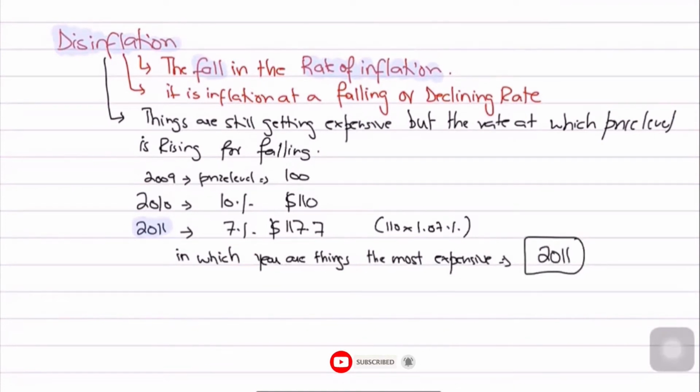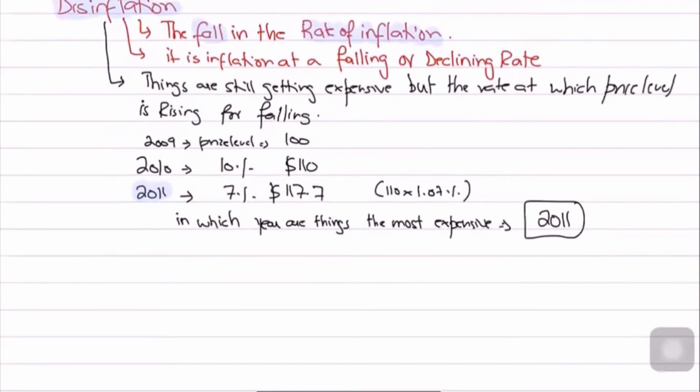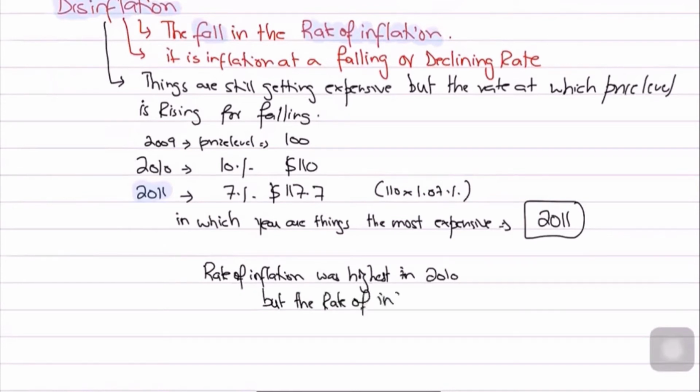So now if I ask, so basically the rate of inflation was the highest in 2010, ठीक है, but the rate of inflation fell by 3% in 2011. So what was the rate of inflation? 7%.